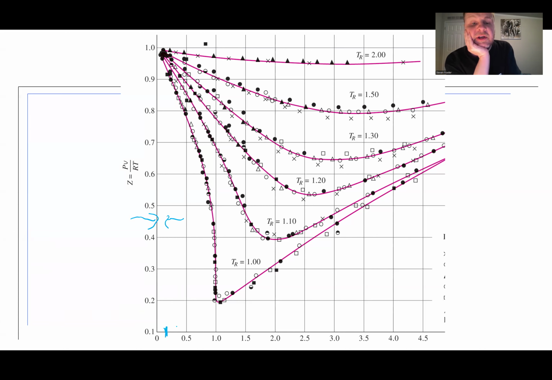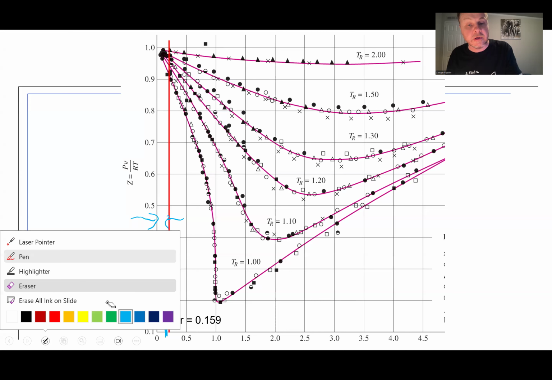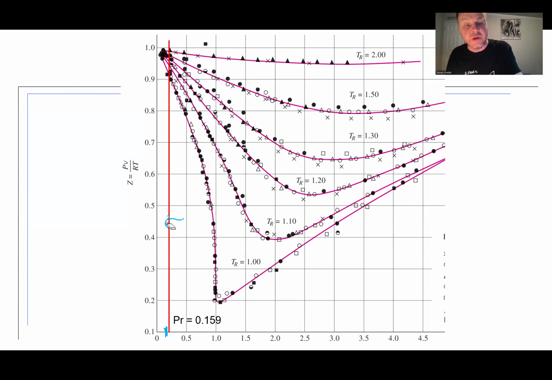Now we could take a ruler and get pretty close, right? Notice I didn't nail it. I got close, but I didn't quite get there. So you could put your reduced pressure in there. We got a reduced pressure of 0.16. Now our reduced temperature is 1.12.